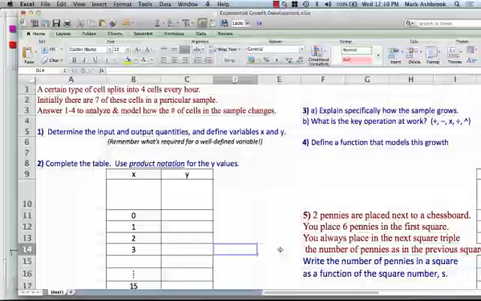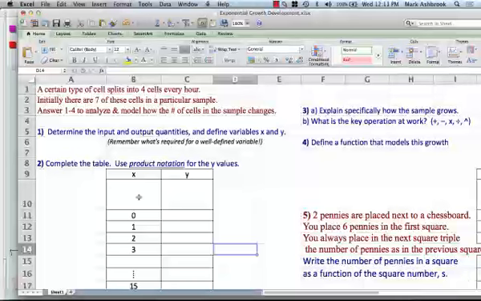Okay, where's Tanner at? Tanner. Okay, you're up, sir. So our input is x. How did you define the variable x? X would be initial number of cells. So x is a certain value? It's just one value?